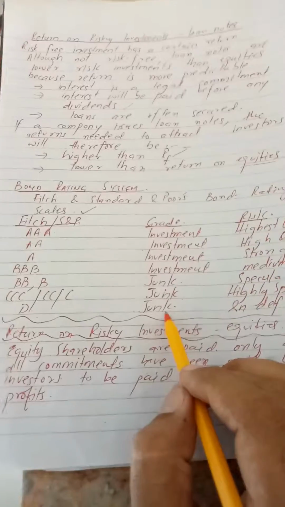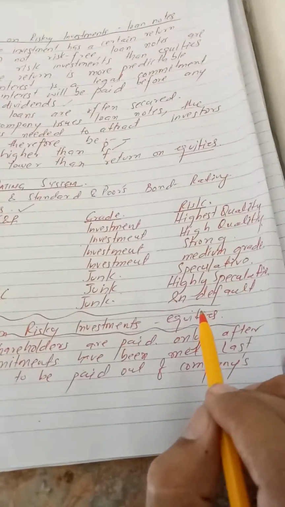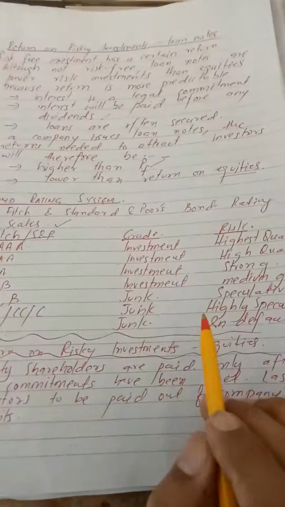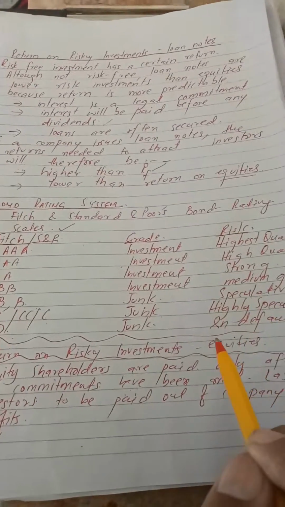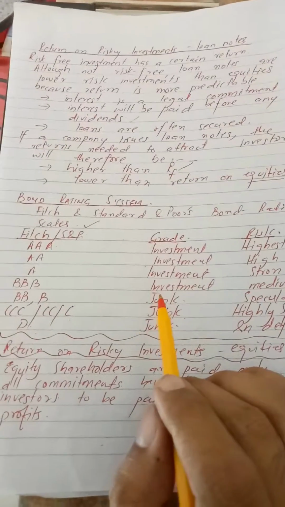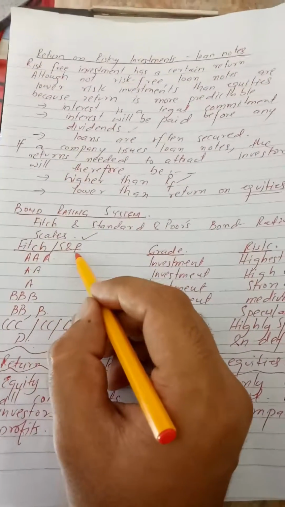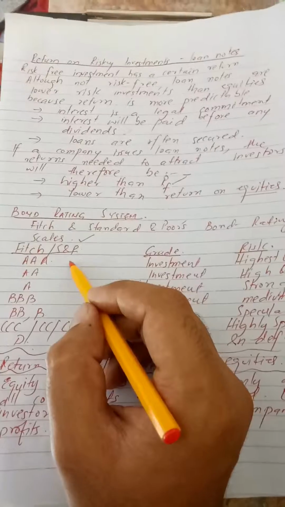D falls obviously in the grade of junk, and it is also in default. So these are the grading systems, the risk and return categorization against the grading, and the rating is normally prescribed by the Fitch and Standard & Poor's bond rating scales.